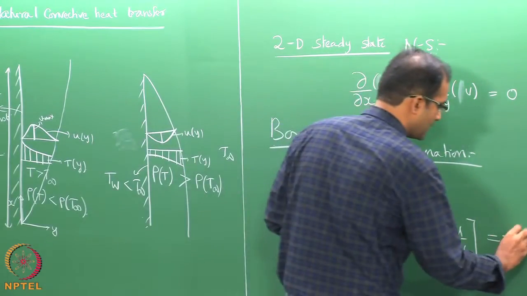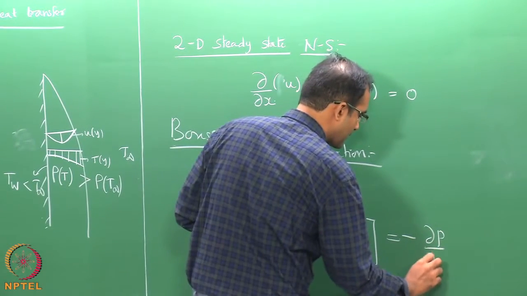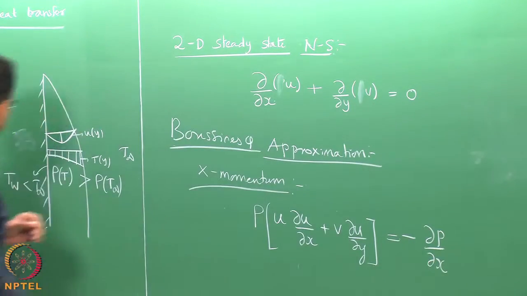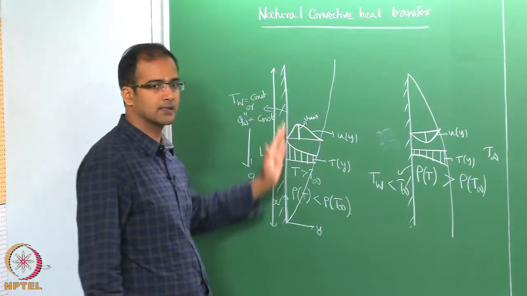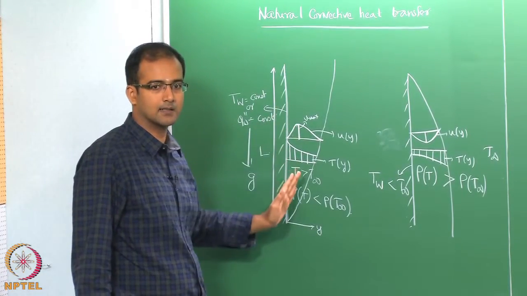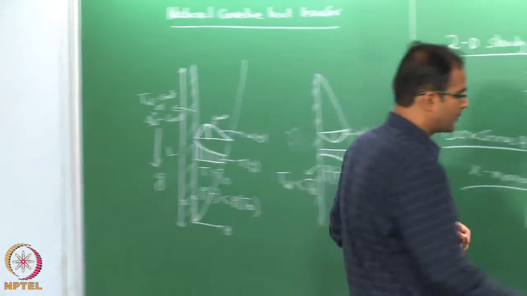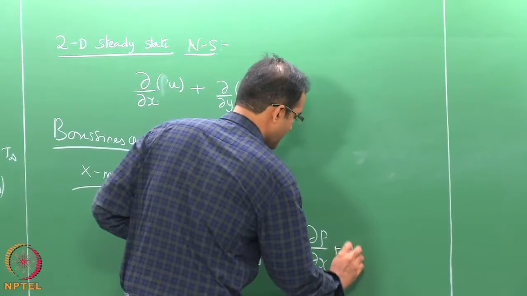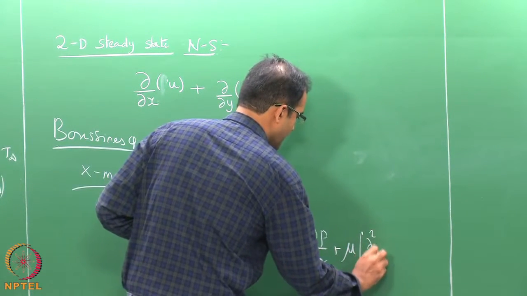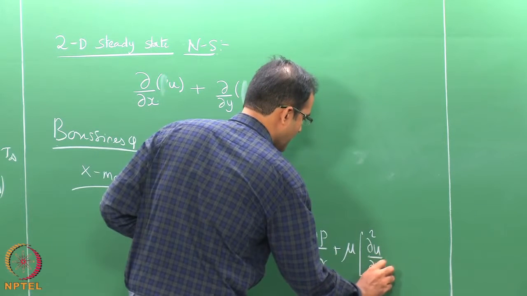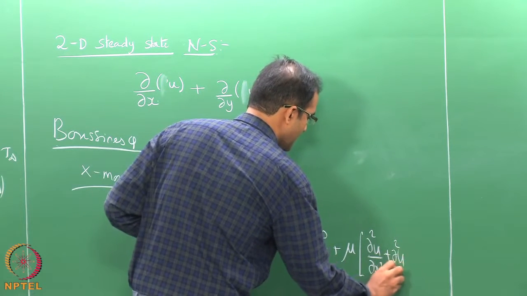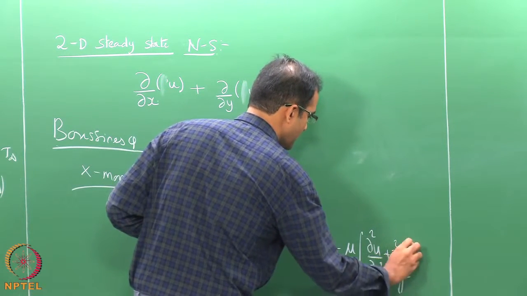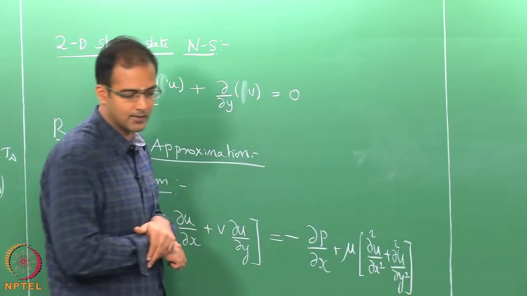Minus dp/dx. This is the momentum in the direction of the plate, that is, in the vertical direction. Plus mu into d square u/dx square plus d square u/dy square, and then what else?